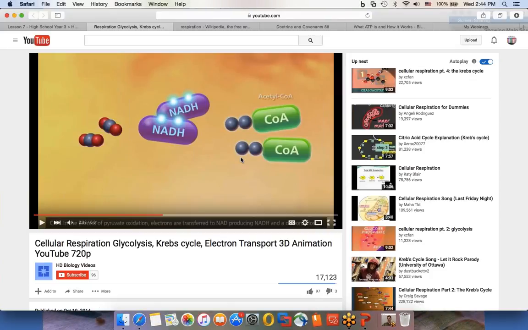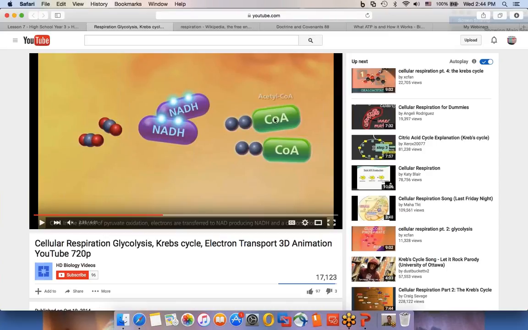So they're completely changed, and then they add these 2 positive electric charges to the acetyl-CoA. That's right. These lights here indicate the charged electrons in the NADH molecule.